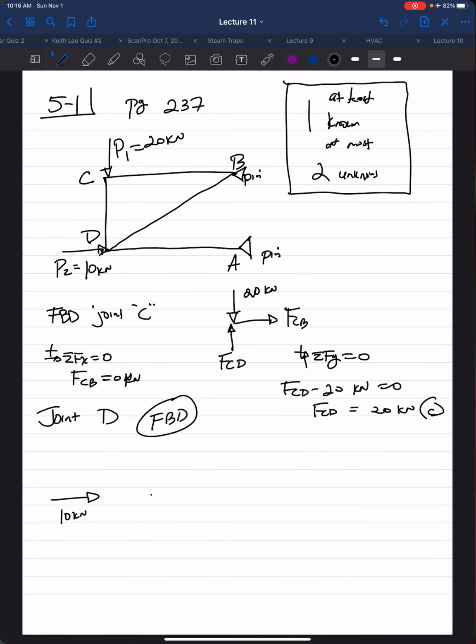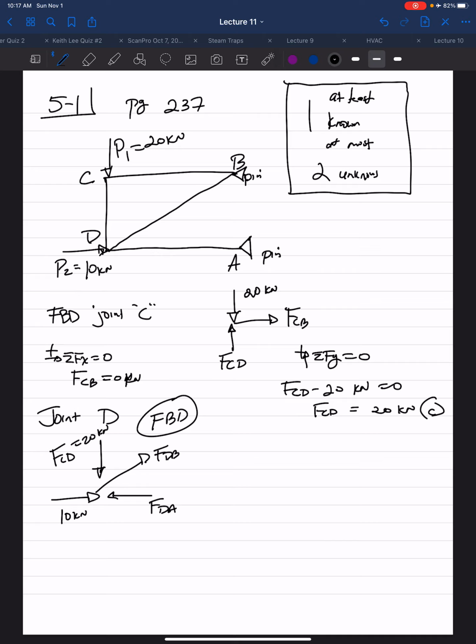We have the FDA unknown. We have our FDB and our FCD, which we now know is 20 kilonewtons. So we have two knowns here, the 10 kilonewton and the 20 kilonewton, and two unknowns, FDB and FDA.